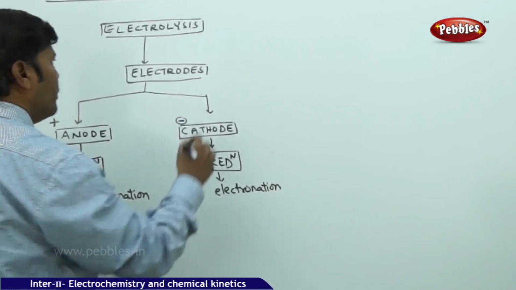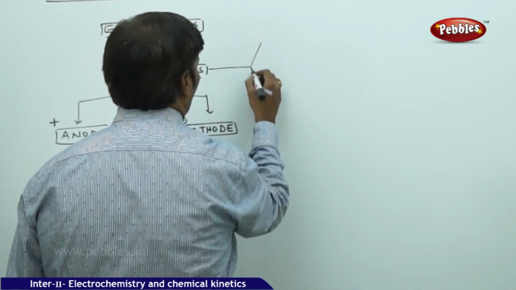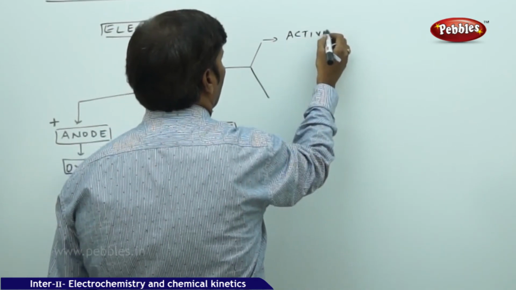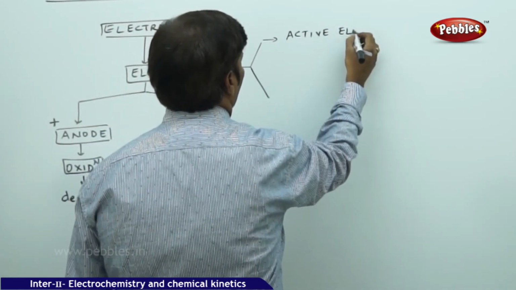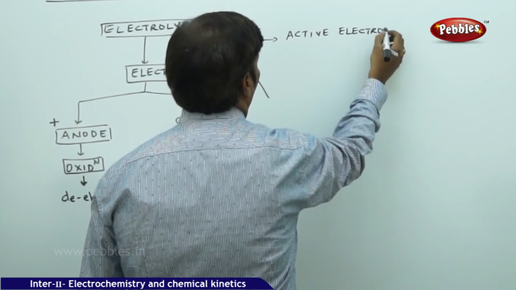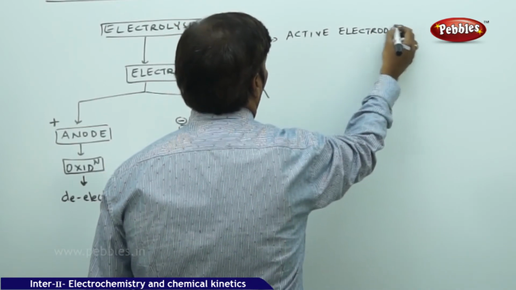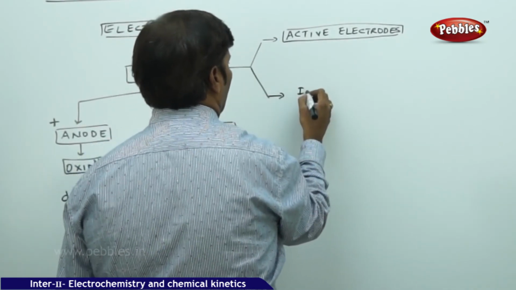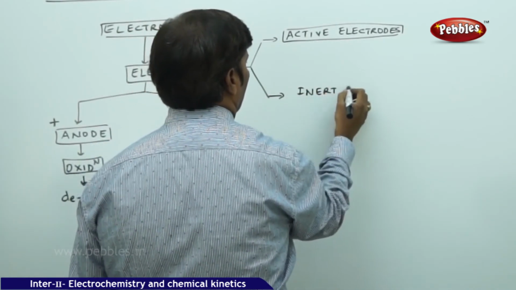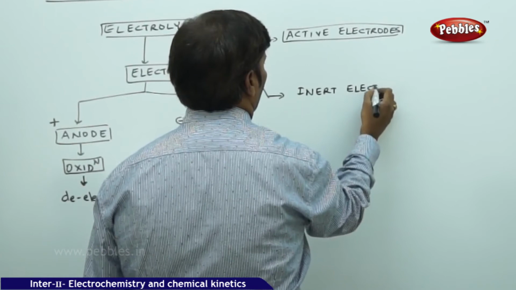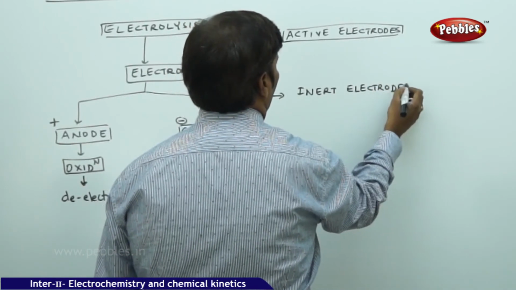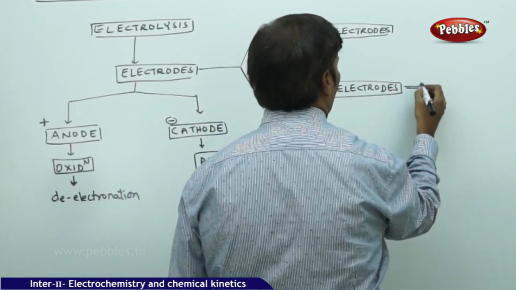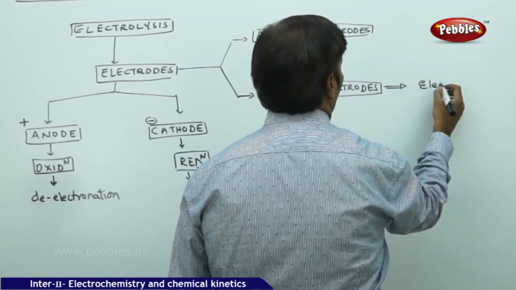Here, when you are speaking about electrodes, electrodes are of two types. One is active electrodes, and the other is inert electrodes. What we are noticing here is that inert electrodes are generally used in the case of electrolysis.